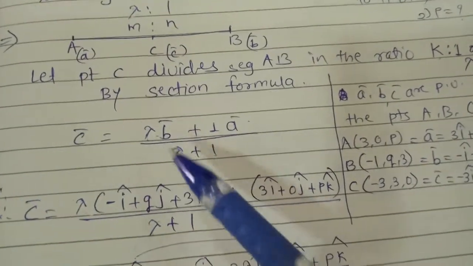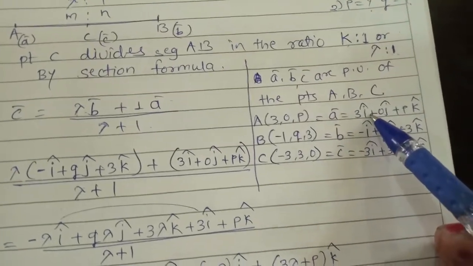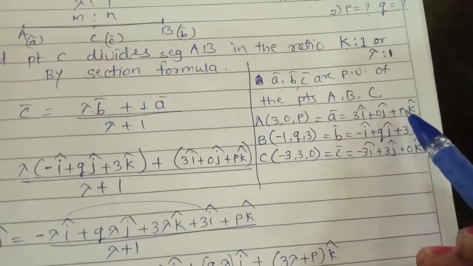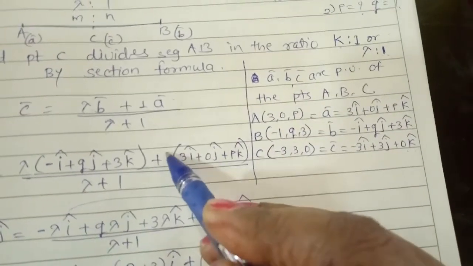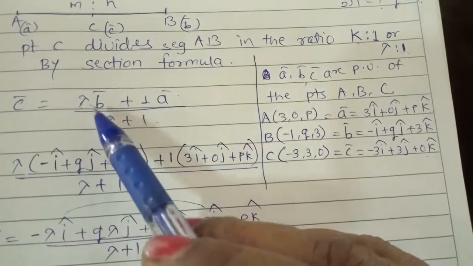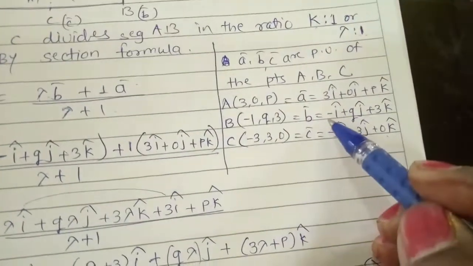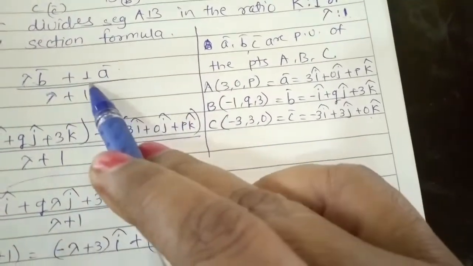Here we have to put down the value of B bar and A bar.